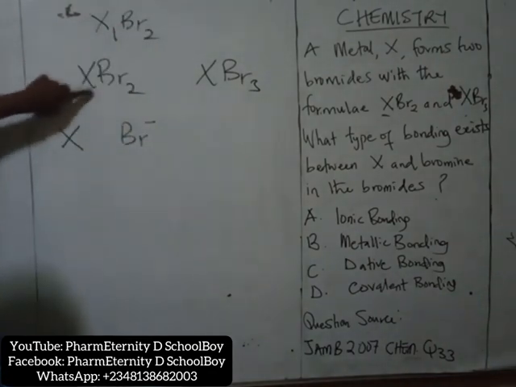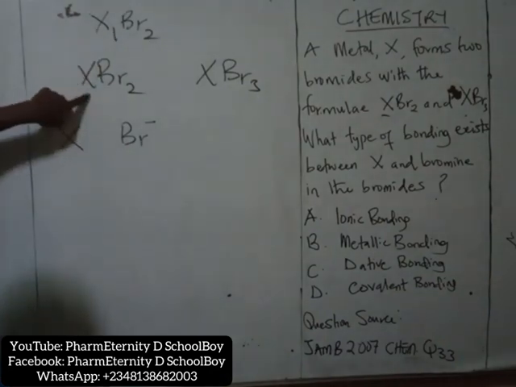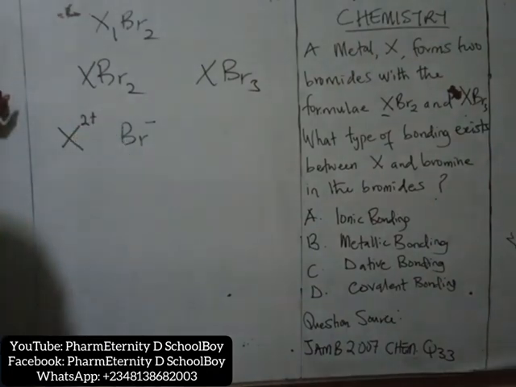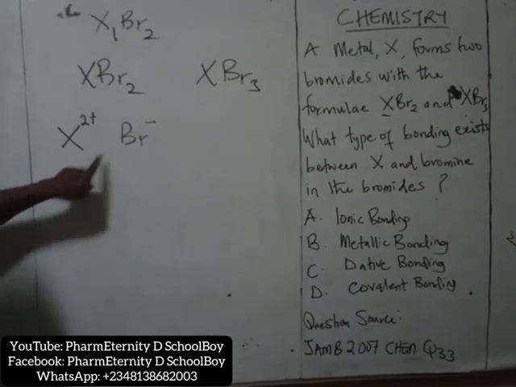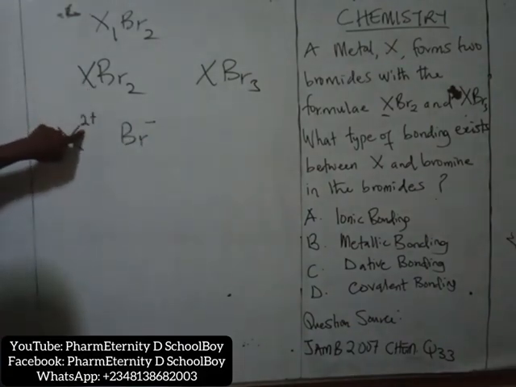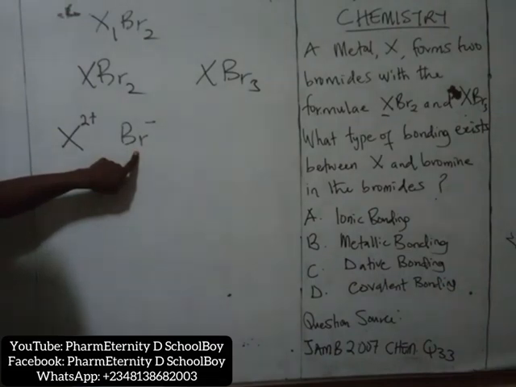That's why there's no 1 here. So in this case, X should be 2 plus, for it to transfer its own to bromine, and bromine transfers 1 to X to form this. That means X is 2 plus here, and bromine is minus 1.